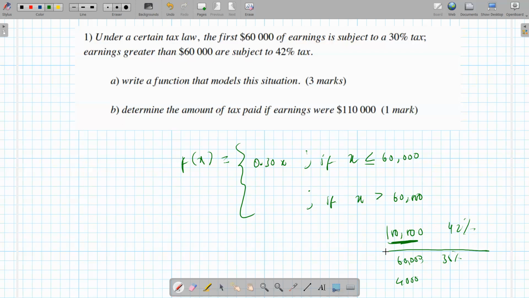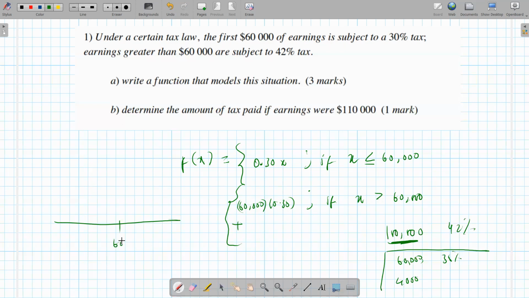So it's going to be like this. If x is greater than 60,000, okay? So for the first 60,000, you pay 30%, times 0.3. Plus, if you're making x, how much over $60,000 are you making?